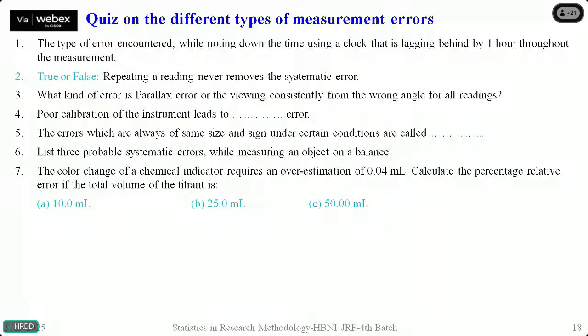And the last one: the color change of the chemical indicator requires an overestimation of 0.04 ml. Calculate the percentage relative error if the total volume of the titrant is as given. This one you can all do. Percentage relative error. How will you calculate?